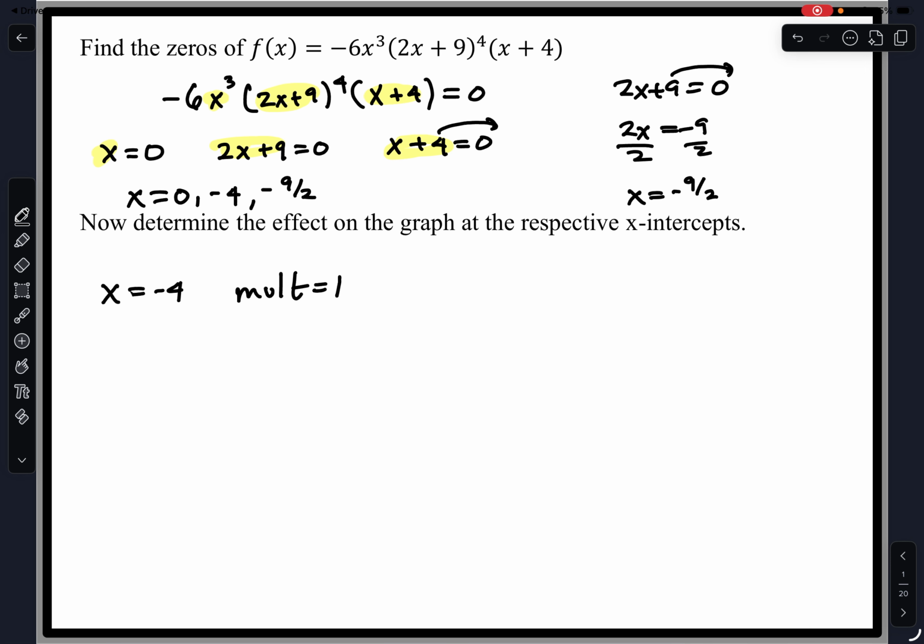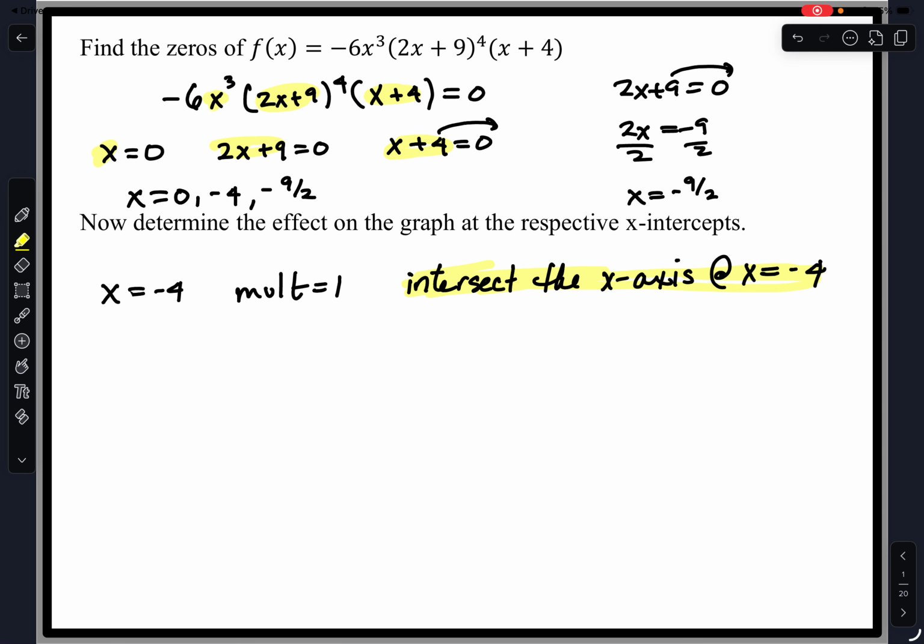Because this has a multiplicity of 1, the effect on the graph is that the graph of f is going to intersect the x-axis at that location. So we're going to intersect the x-axis at negative 4.